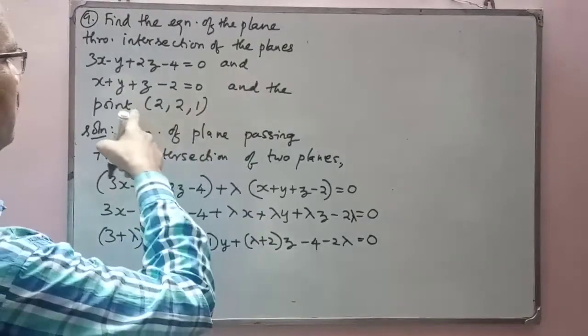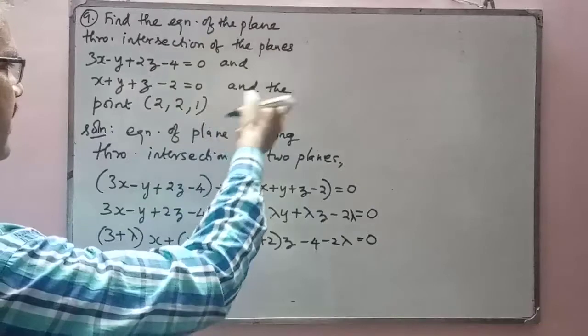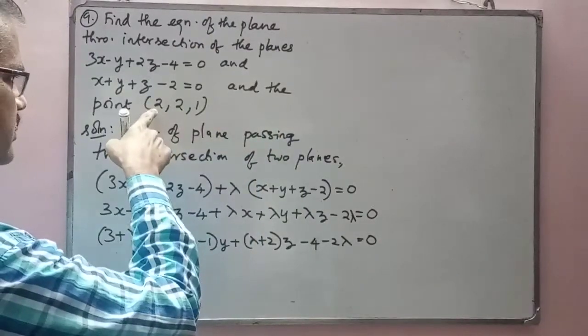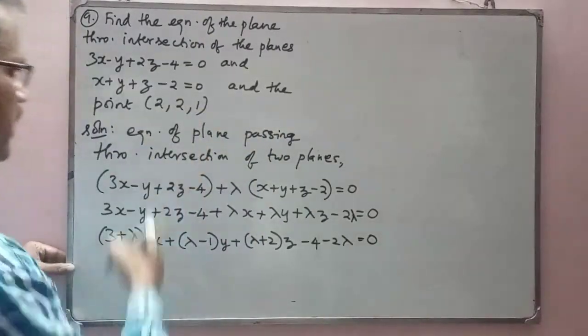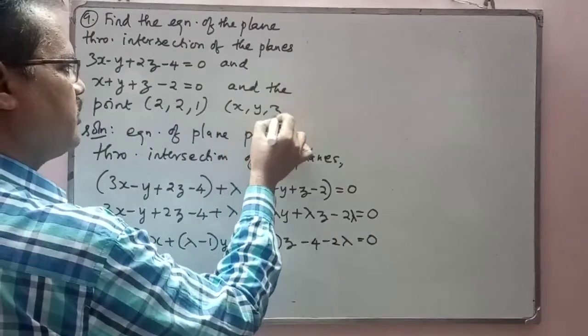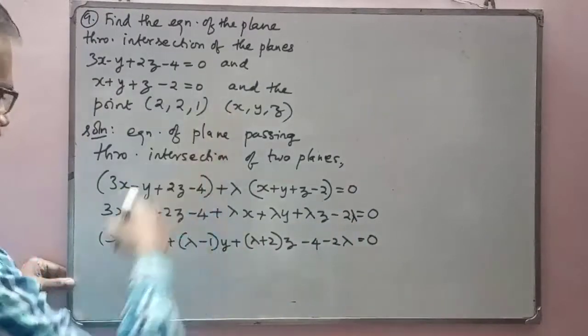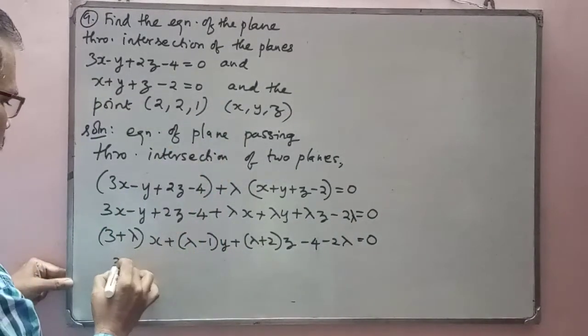Okay. Now to find lambda, we will be given a second clue. The plane also passes through the point, here through the intersection of the planes and the point. So the plane also passes through the point 2, 2, 1. This 2, 2, 1 has to be taken as x, y, z and you substitute in this plane equation, because our plane passes through that particular point. Substitute in the place of x, you have 2.